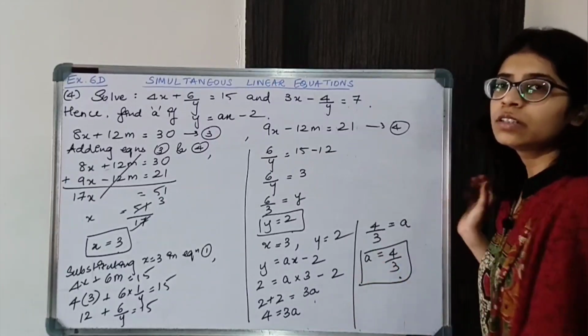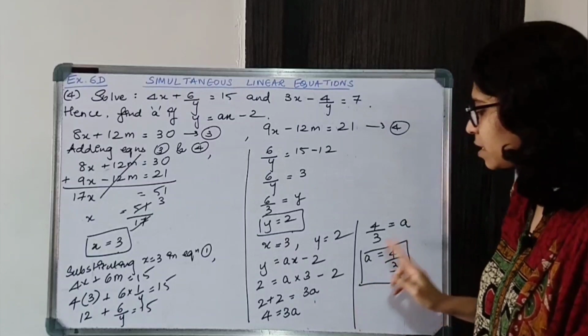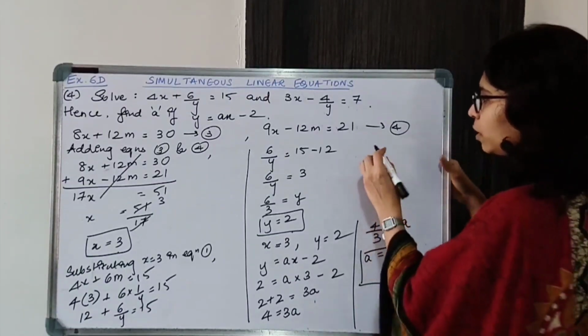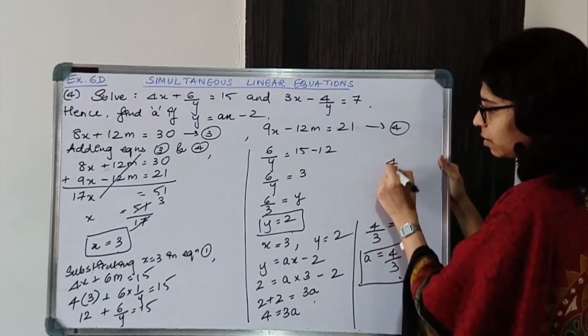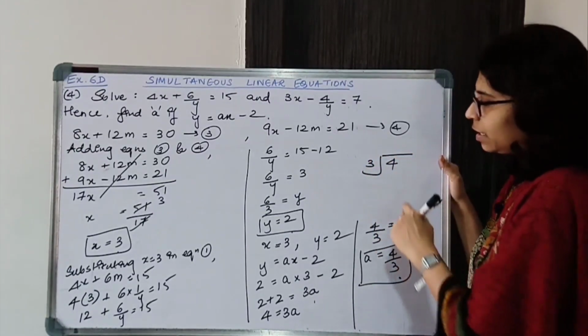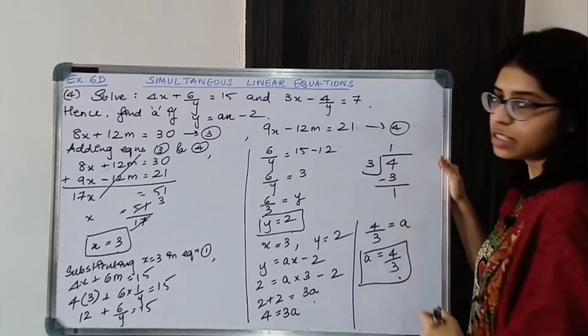In your book the answer is given in mixed fraction form. So how will you express this as a mixed fraction? This is a proper fraction. How will you convert it to mixed fraction form? We divide the numerator by the denominator. 3 1s are 3 and the remainder is 1.